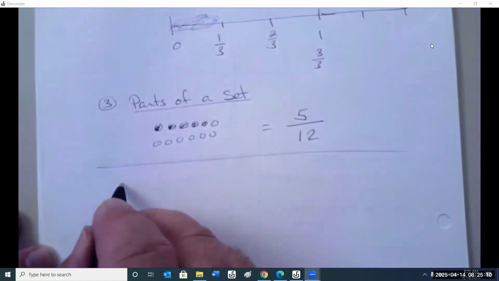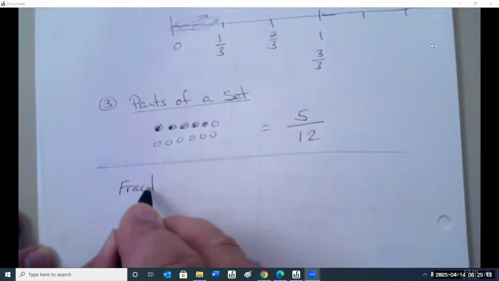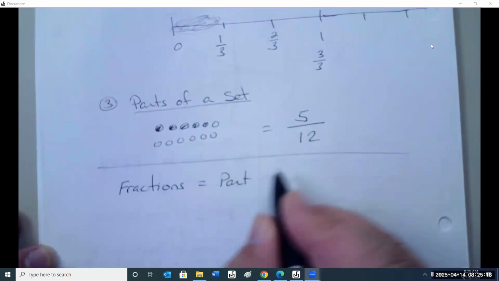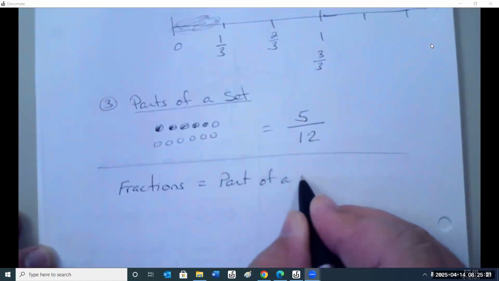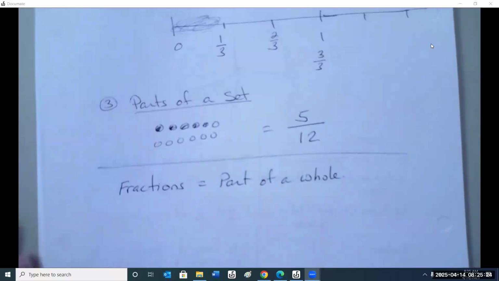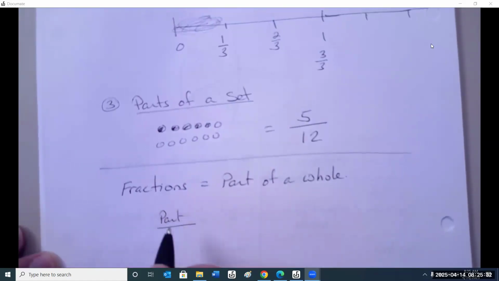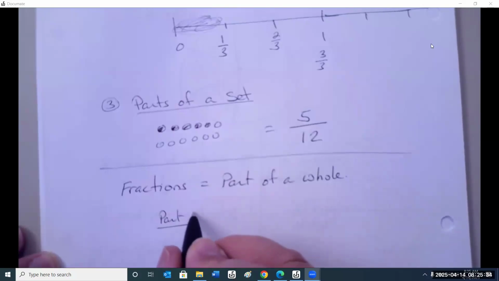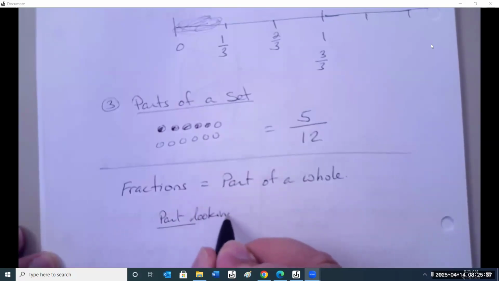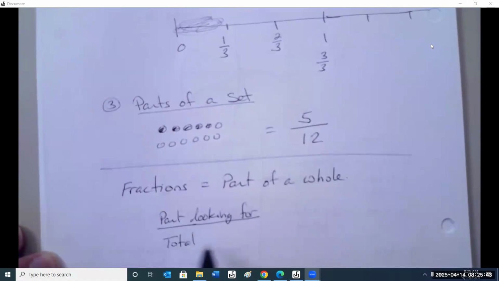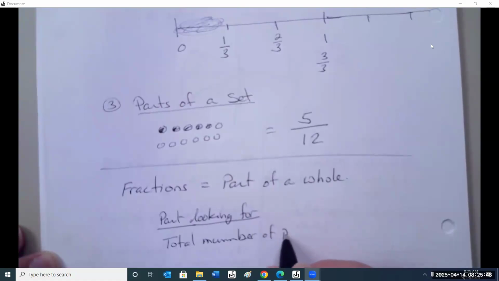So fractions really mean part of a whole. Fractions: the part that you have, the part you're looking for, over the total number of parts.